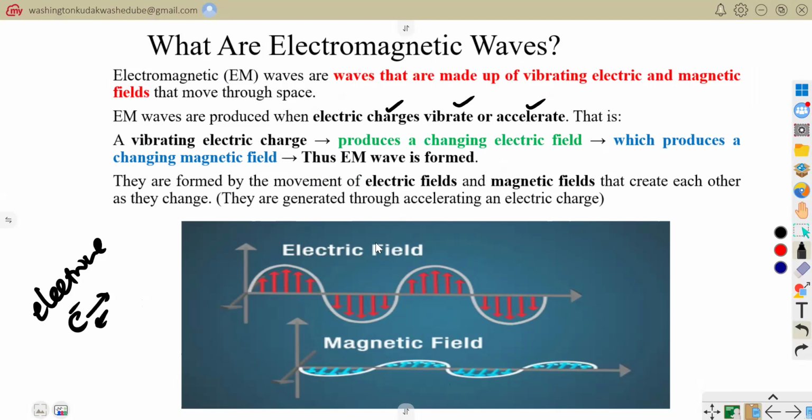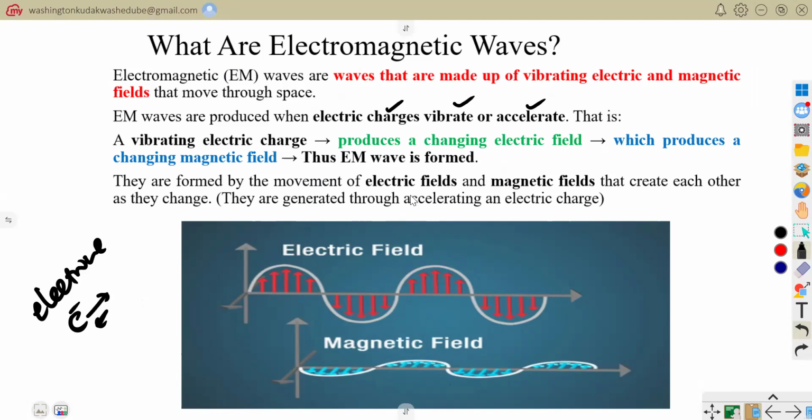Once there is change in electric field, there will be change in the magnetic field. And once there is continuous change in electric field and magnetic field, then we have got an electromagnetic wave propagating.